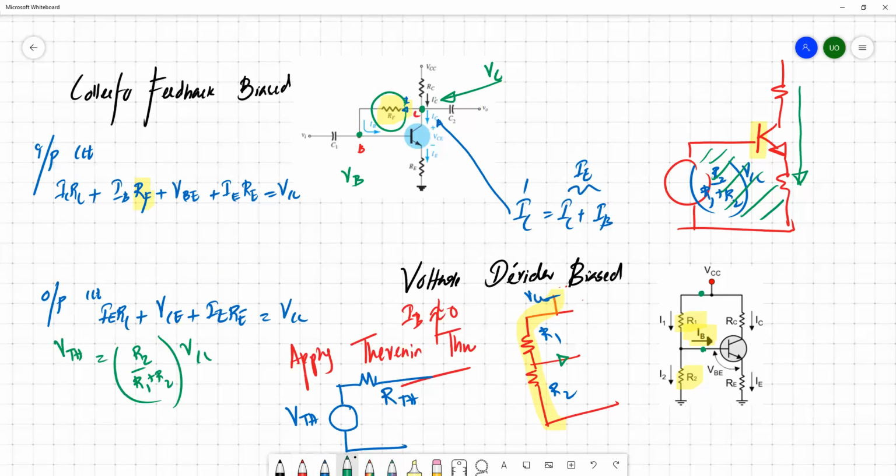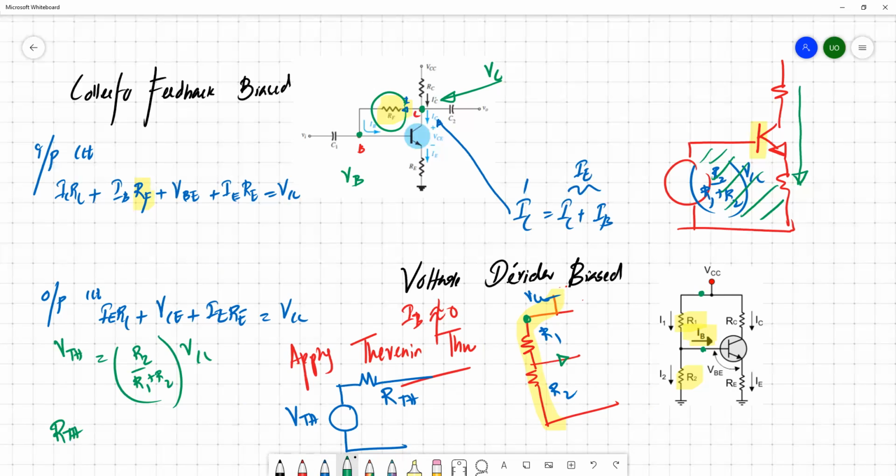If you want to get the Thevenin equivalent resistance, what we can simply do is replace the supply with 0 volts. It means this node is also grounded here.